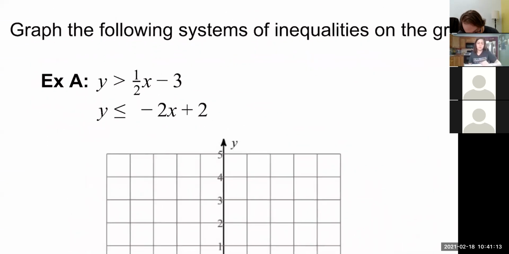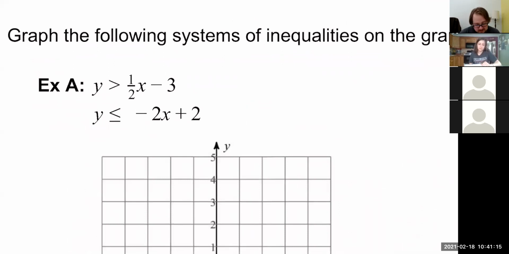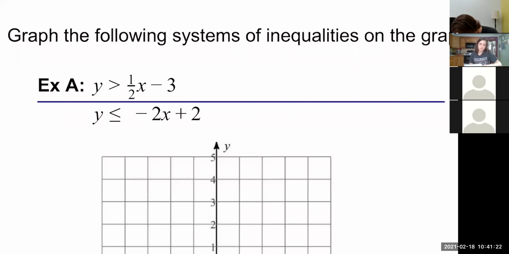For the sake of space, I'm going to cut my blank space here in half, so I can write down all four pieces of information for each without getting them mixed together.